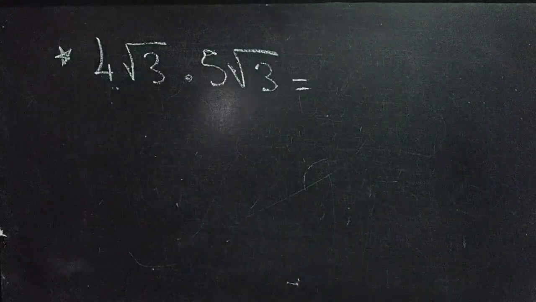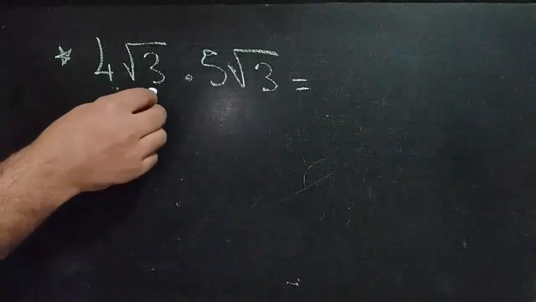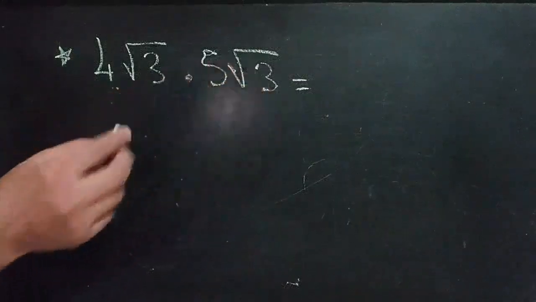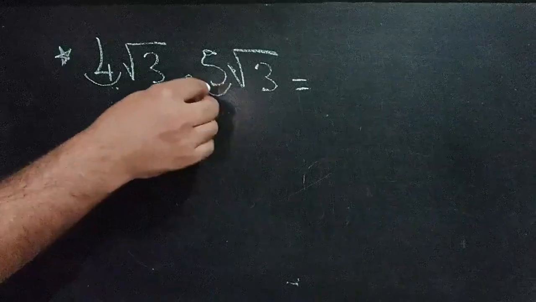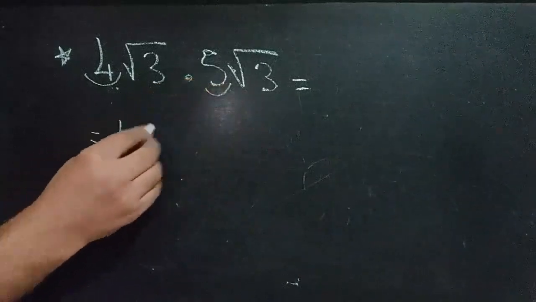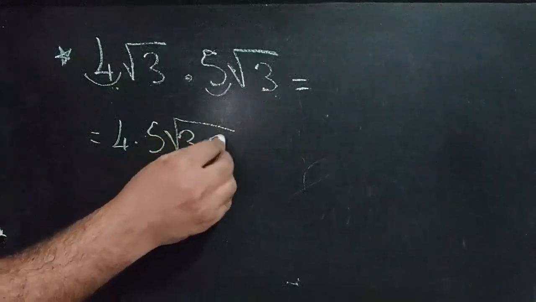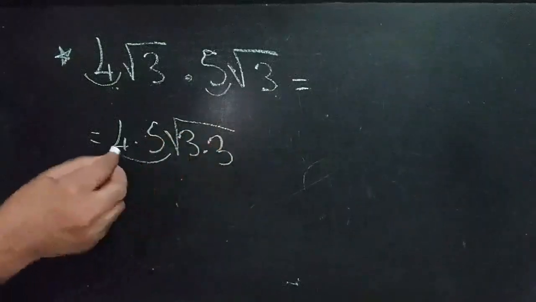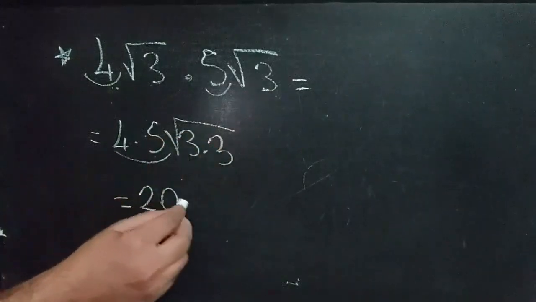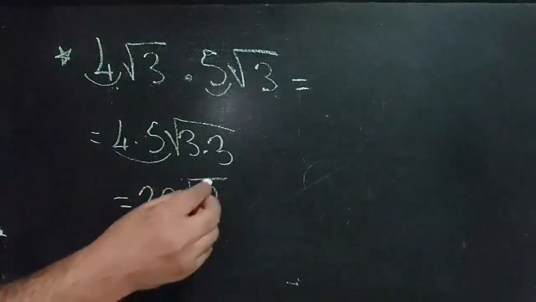Alright, now my next question is 4 square root 3 times 5 square root 3. 4 times 5, square root 3 times 3. That will be 20 square root 9.